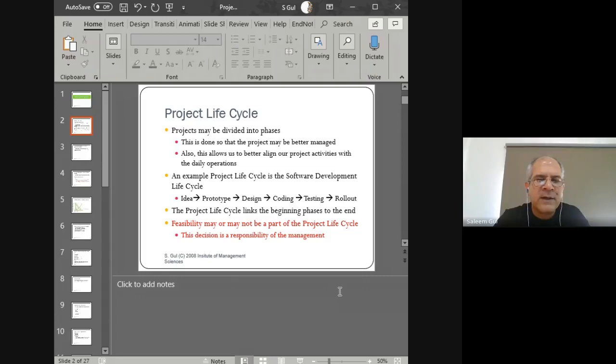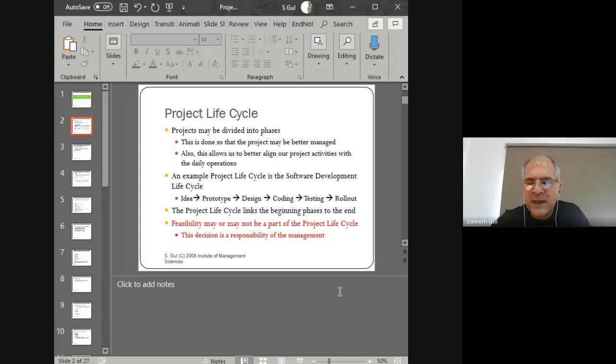The arrow that leads from the prototype to the design is where we get the output of the prototyping phase. And what is the output? It is a rough working model along with a requirements document that clearly states what requirements all the stakeholders have regarding this particular software project.